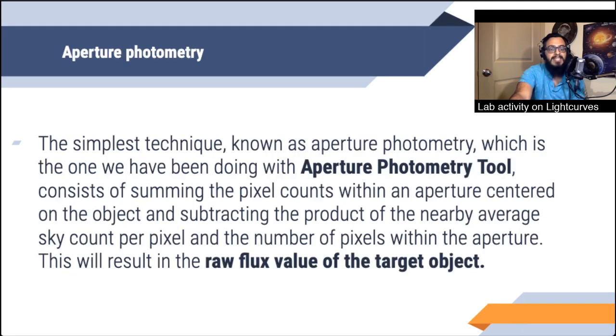The simplest technique is known as aperture photometry, which is one of the ones that we've been doing with the Aperture Photometry Tool. It consists of summing the pixel counts within an aperture centered on the object and subtracting the product of the nearby average sky count per pixel and the number of pixels within the aperture. This will result in the raw flux value of the object.